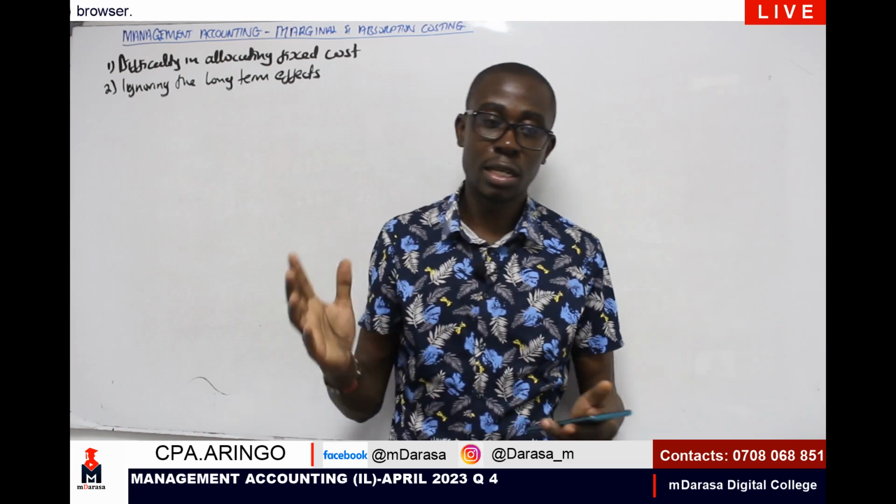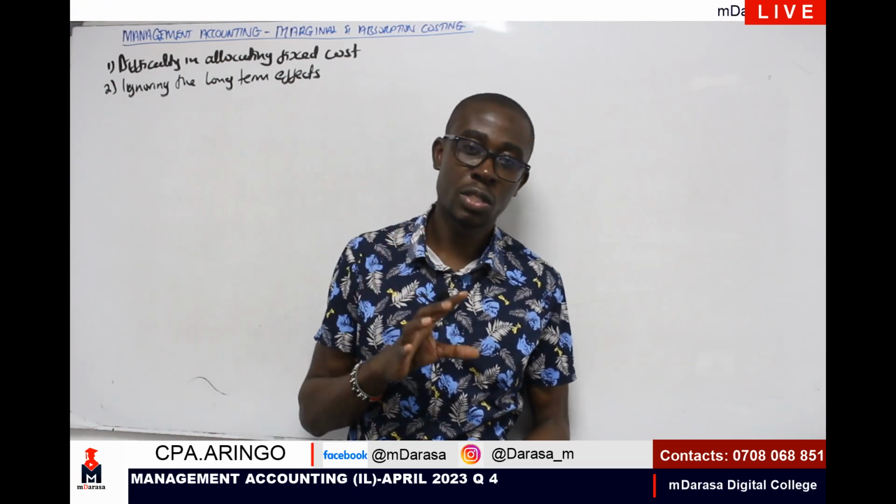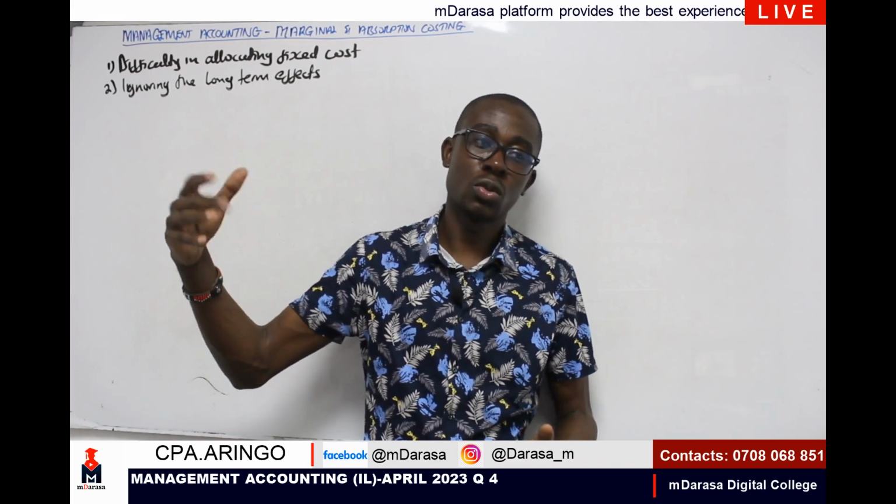Remember, we said that marginal costing is a direct costing method where we focus on variable cost only, and variable costs affect us periodically within a certain period, so it ignores the long-term effect.